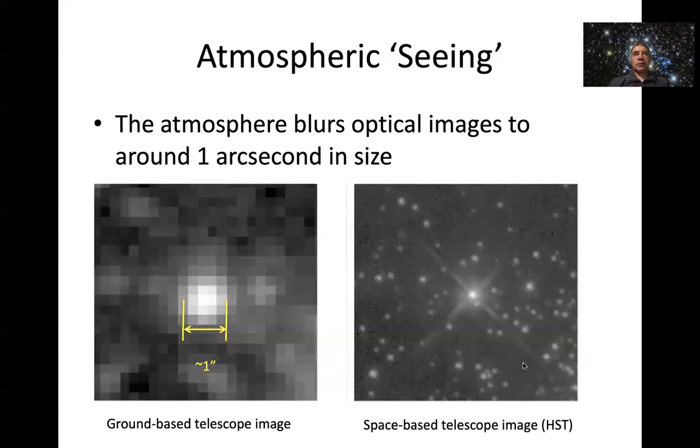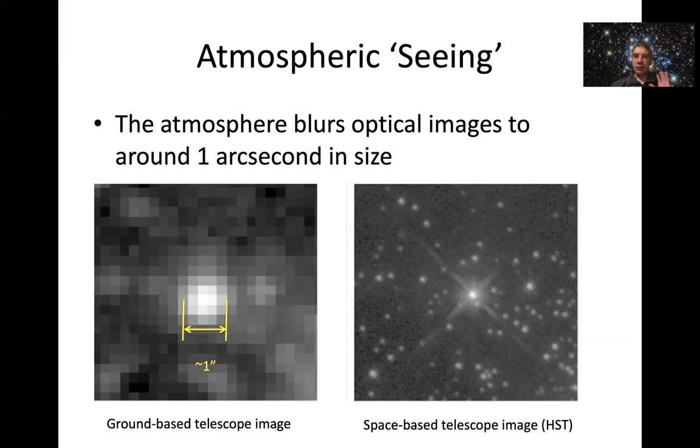So why is 1 arcsecond kind of convenient? Well, if we just think about optical astronomy for a moment, where we take images of the sky with a normal optical telescope and with a normal optical detector, you would find that the typical size of a stellar image on an optical image taken by a telescope, on the ground, on the surface of the Earth, would actually be around about 1 arcsecond in size.